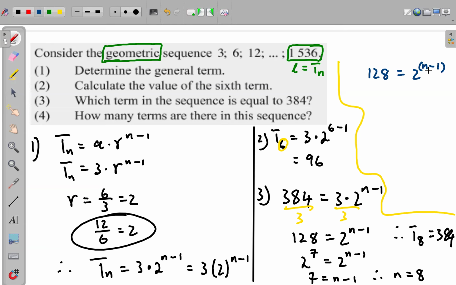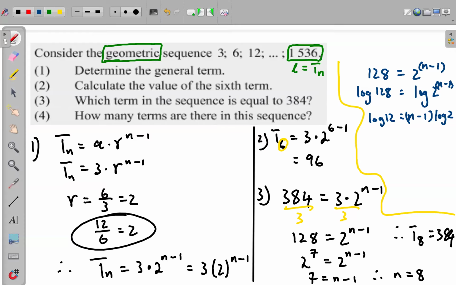Then, by applying law number 1 of logs, you would say log 128 is equal to log 2 to the power of n minus 1. And then n minus 1 is your exponent, so you are allowed to bring this down.